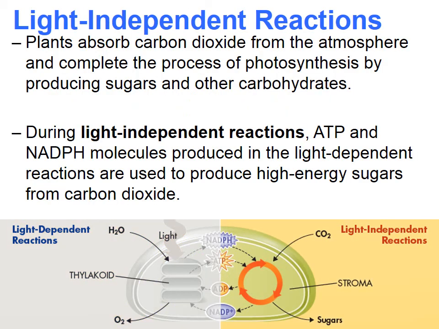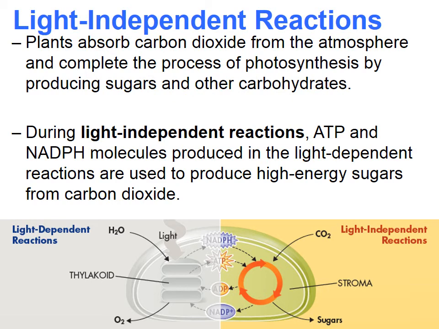Now, these products, other than the oxygen, go over to the stroma of the chloroplast, and you can see the NADPH goes there, ATP goes there, ADP comes out, NADP plus comes out, CO2 goes in, and sugars come out. Sorry about that train in the background.